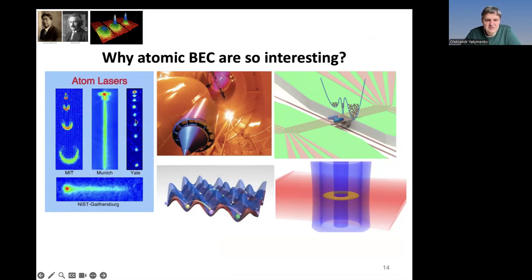For example, this shows some experimentally realized systems, such as atom lasers, which were realized with different approaches. What are atom lasers? It is a coherent source of matter waves, and there are also measurements with interferometry of coherent matter waves, like shown here.